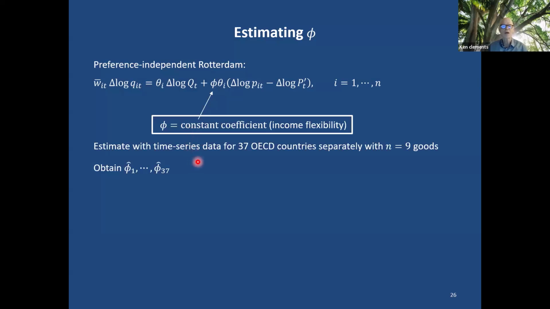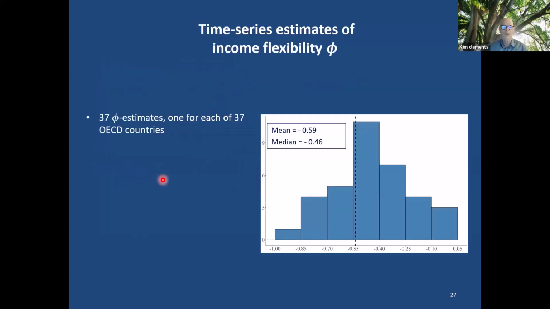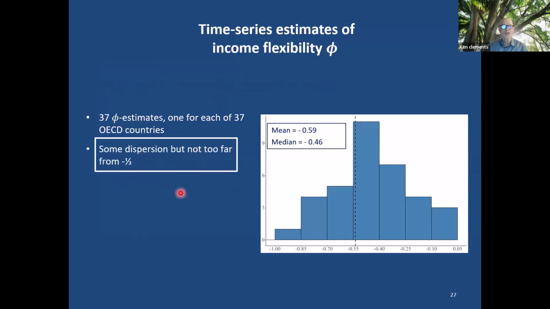So with time series data for 37 OECD countries, we can obtain an estimate of the income flexibility for each of 37 countries. And here's a histogram of that. They're centered, not too far away from -0.5, I'd say. There's some dispersion, but not too far from -0.5.